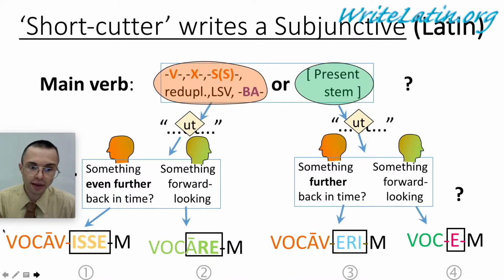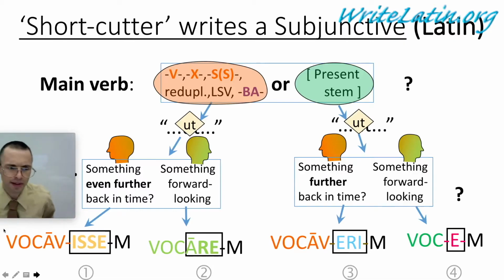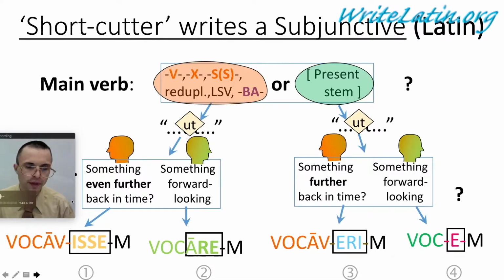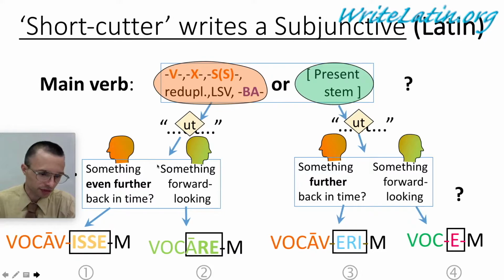This brings in the second and easier way to think about it. You think to yourself, okay, does it feel past-ish or does it feel present future-ish? Once you decide that, then you say ut, which means so that. And then you just have to know by experience what two subjunctives go with the past main verb and which one of them is the apostrophe VE one, and which two subjunctives go with the present future-ish main verb and which one is the apostrophe VE one.